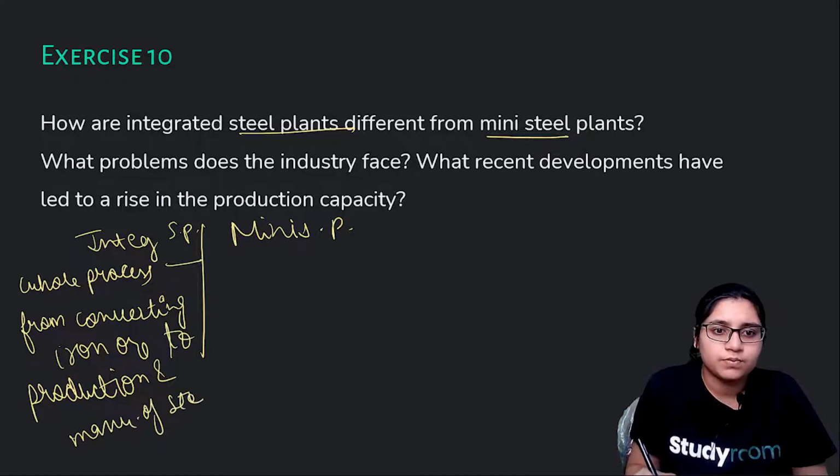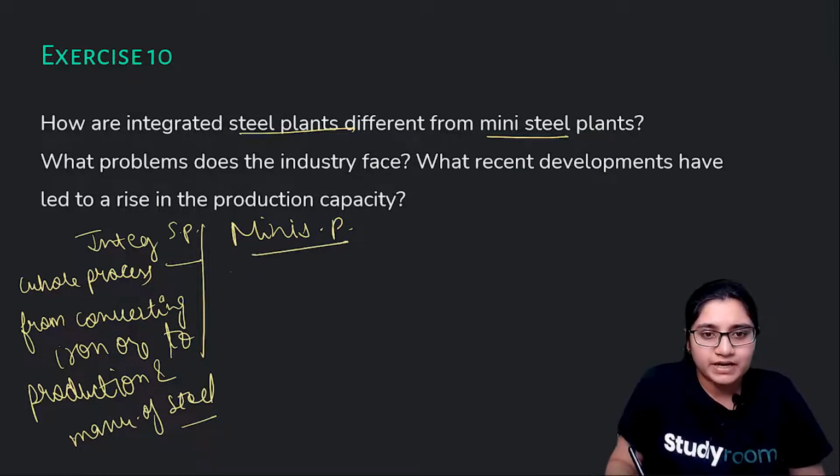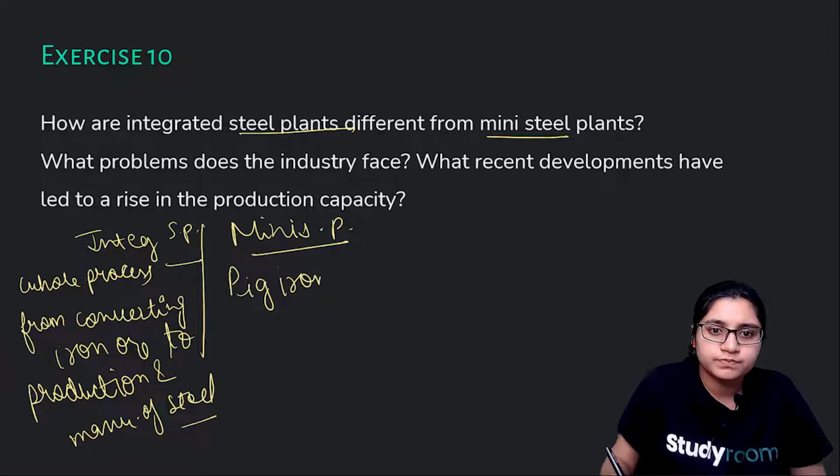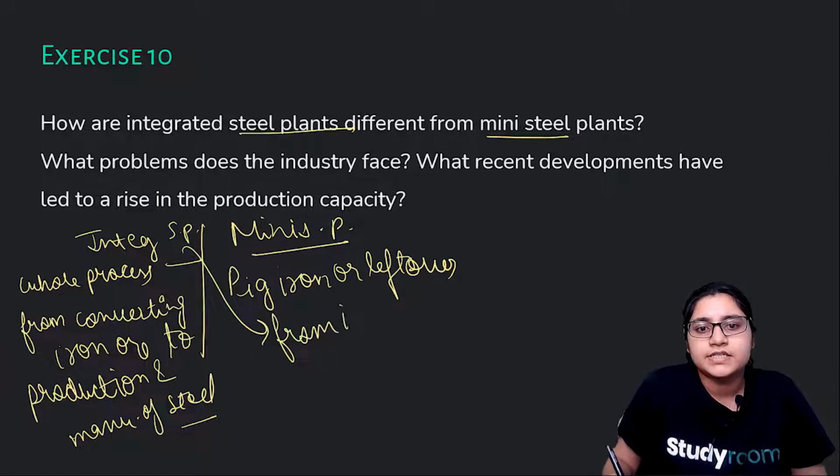It covers the whole process, from iron ore to the manufacturing of steel, everything. While a mini steel plant uses pig iron or leftover from integrated steel plants and makes alloys.